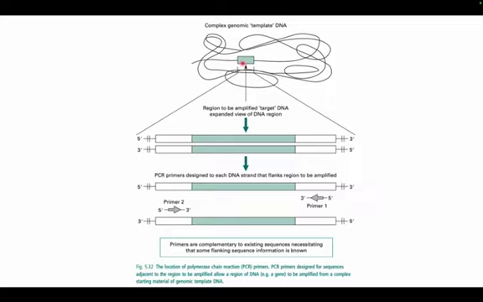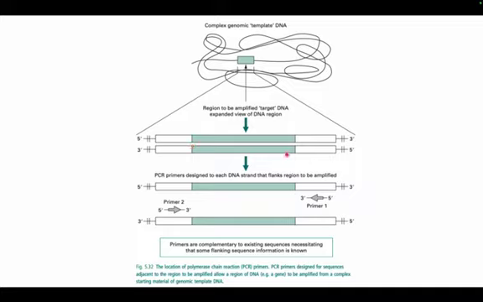So just looking at PCRs again, if we want to amplify a certain region within our genome of DNA, what we would have to do is design primers for the 2 ends of this region, because the primer is defining the end of the region which is going to be amplified.